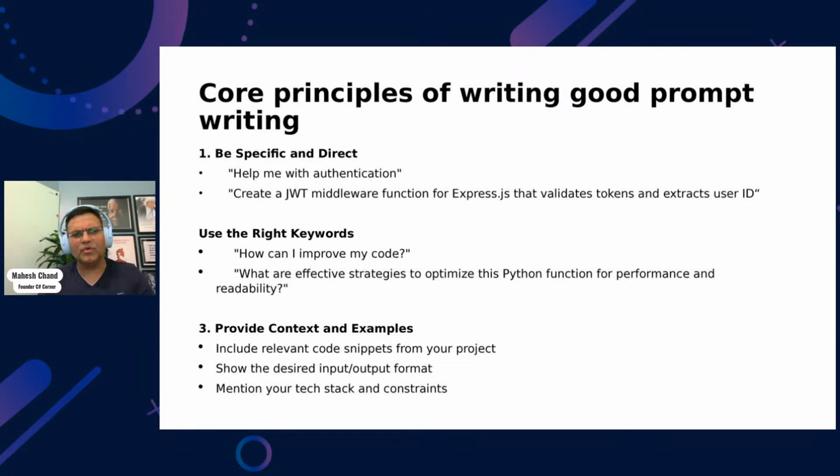Don't be too formal. Don't write good morning and so on. Just be straightforward. One example is here: help me with authentication. That's good. It's direct, but it's not very specific. Authentication can be of multiple kinds, in different ways. What does that mean? Or you can be specific. You are a programmer saying, create a JWT middleware function for Express.js that validates tokens, extracts the user ID, and all those things.